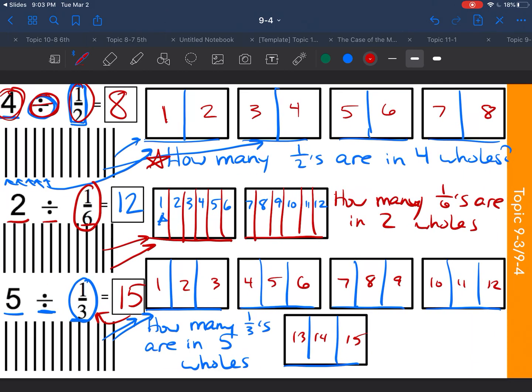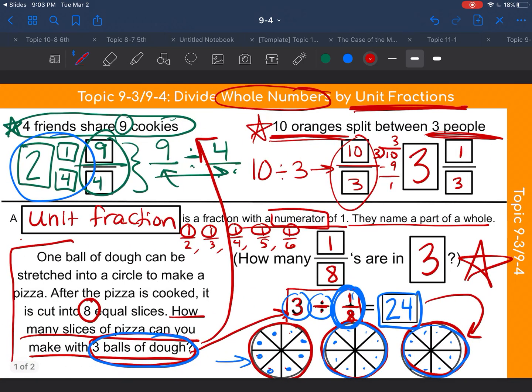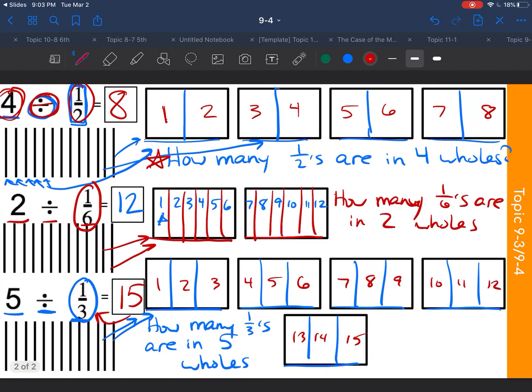All right, so what this topic was doing, we were talking about how to divide a whole number by a unit fraction. And remember, a unit fraction is just a fraction where the numerator is a 1. How we model these is that this whole number tells us how many wholes to draw out, and this fraction tells us how to split each of those wholes into.